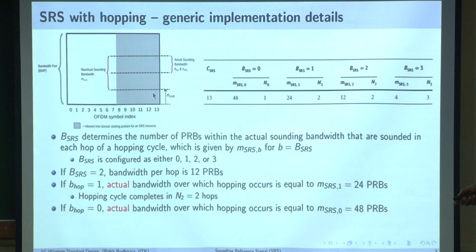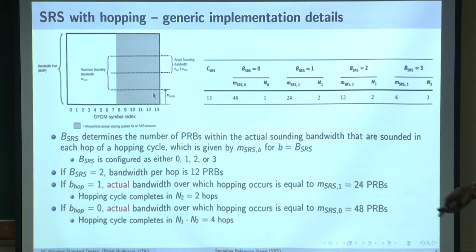If B hop is 0, the actual bandwidth over which the hopping occurs is equal to the 48 PRBs. Now how many hops will you need in this case? Hopping cycle will complete in how many hops? In each hop you are sounding out 12. Actual is 48, so that's the formula, N1 into N2, which is 4 hops.